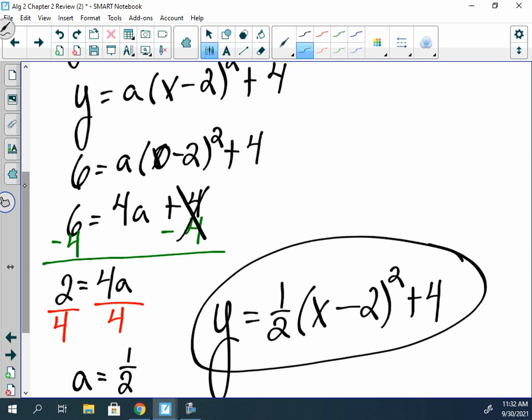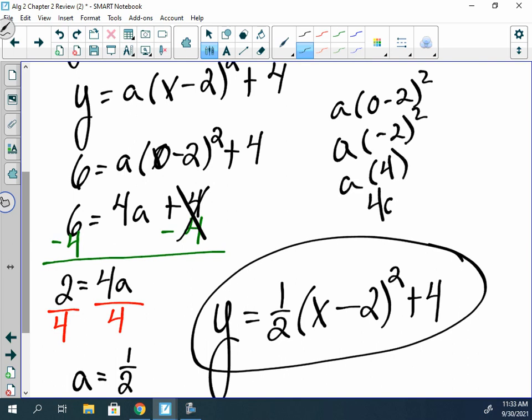Because -2 squared is 4. 4 times a is 4a. Zero minus 2 is -2. Yes, because with 4a and plus 4, they're not like terms. So I have to subtract it, and then divide by 4 to give us 1/2.